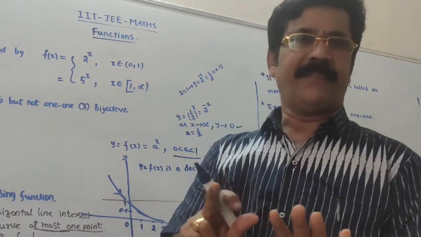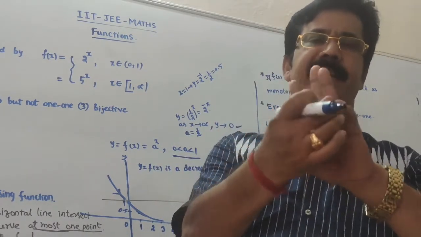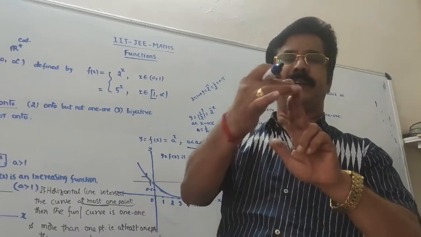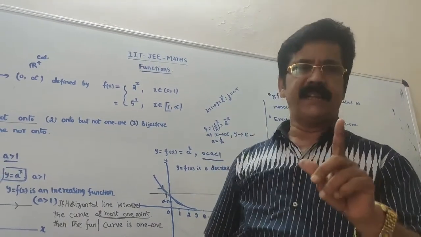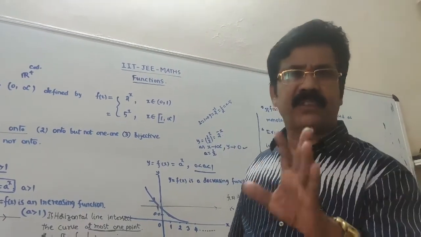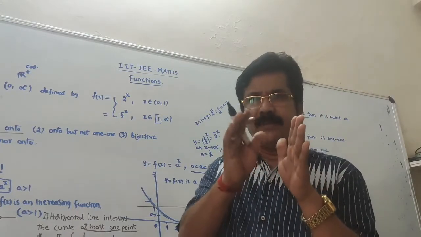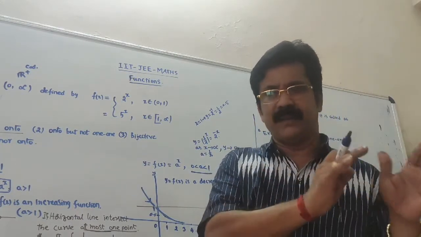Therefore, if f of x is strictly increasing or strictly decreasing or a continuous function, then it is called a one-one function. This is with respect to calculus.